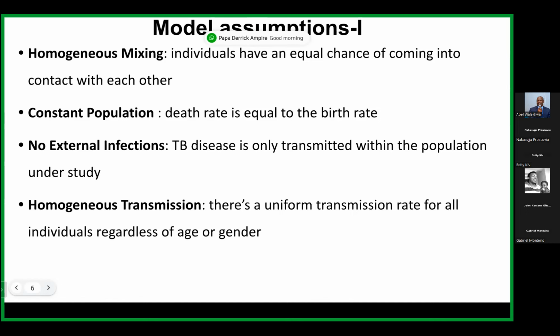But I'm going to just make an assumption. I'll find out, if I get a minute or two, the latency period for TB. If it is quite long and people exposed can transmit, then I'll just revise and include interaction between S and E and I.